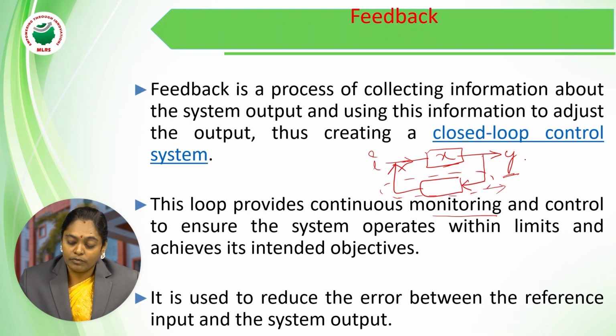The main aim of this feedback system is to reduce the error between the reference input signal and the system output signal. I'll explain what is meant by a reference input and an output.